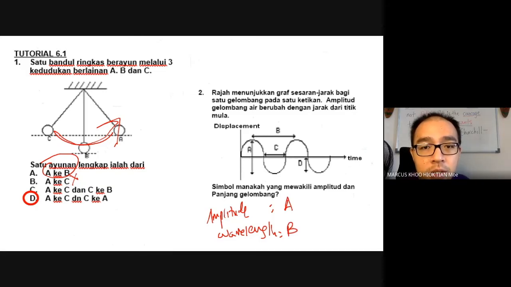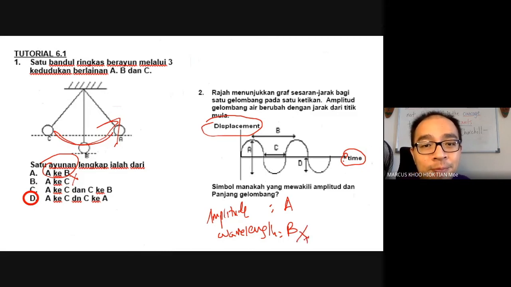Okay, so this is very, hold on. Okay, the problem is this. This is a displacement time graph. It is not a displacement distance graph. And since this is a displacement time graph, B is not the wavelength. It cannot be the wavelength.